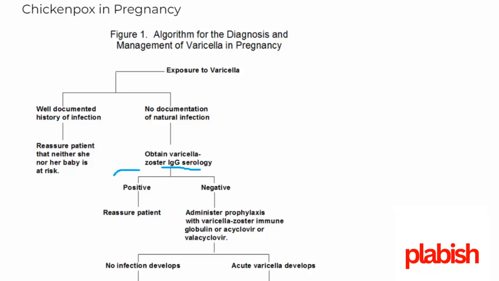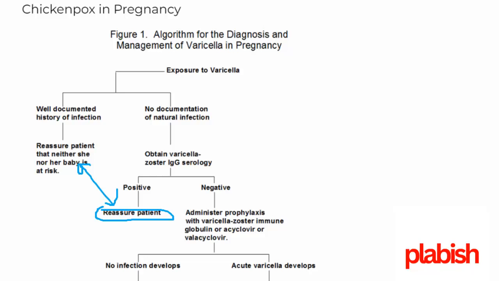And for example, the serology comes out to be positive. So what does it tell us? It tells us that the patient had varicella zoster infection or chickenpox when she was a child, maybe a few years ago, but there is evidence that she was infected. So again, we will reassure the patient. So the management is the same in both scenarios: reassure and reassure.